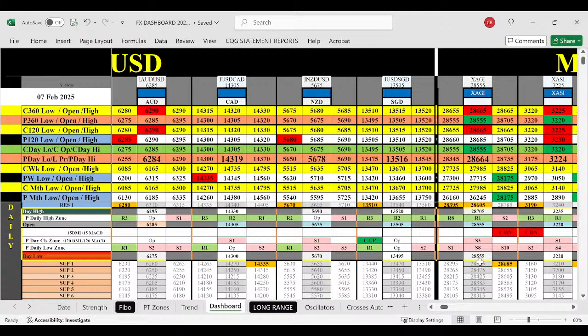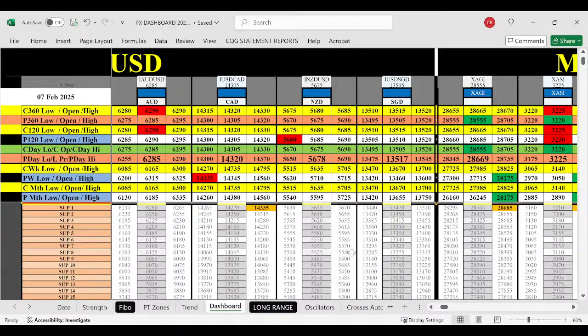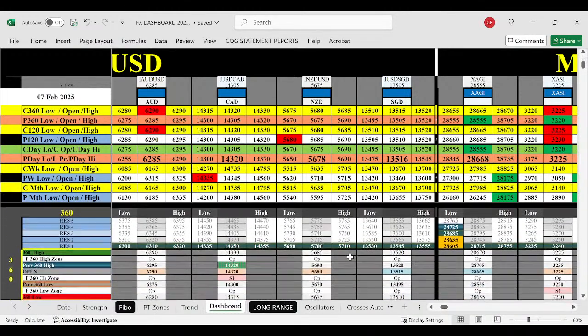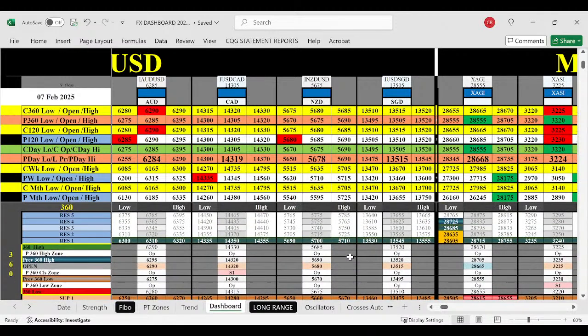If the data comes out as expected, we still expect the market to close near the high, unless the data comes out outstanding, then we can expect some pullback or correction. With that, let me get into the chart so I can give you a clearer picture.